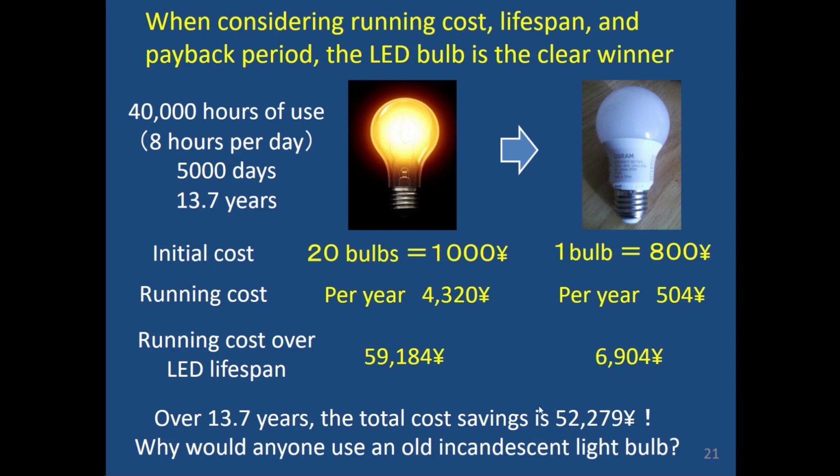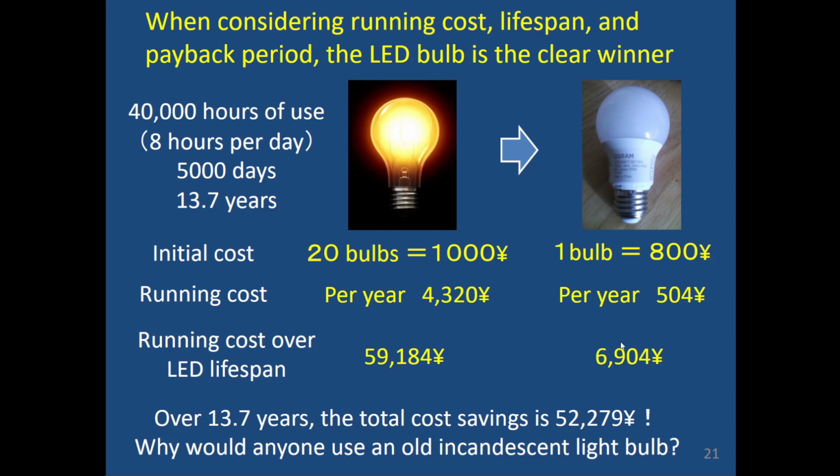So total savings just to change from this bulb to this bulb is over 50,000 yen over the lifespan of the LED bulb. So this seems very easy choice. Why would anyone use an old incandescent light bulb if there's so much savings?